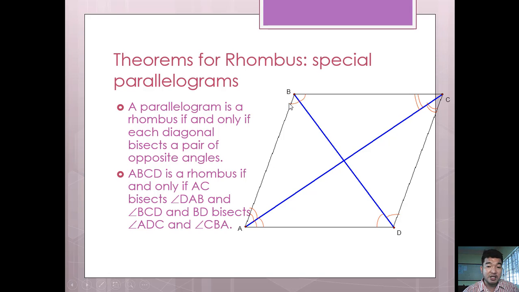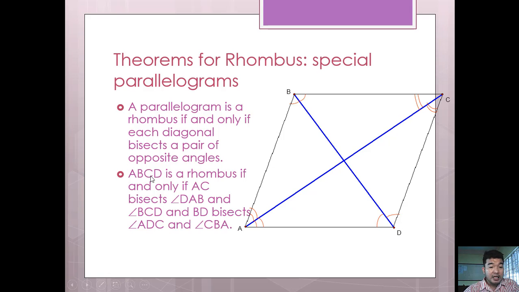Like for example, if the measurement of angle D is equal to 130 degrees, then as you draw a diagonal here, you'll be forming two different angles. So if this is 130, the whole measurement of angle D, the measurement of each angle formed will be 65 degrees. So nahahati niya into two congruent parts yung mga angles ng isang rhombus, yung diagonal yun.